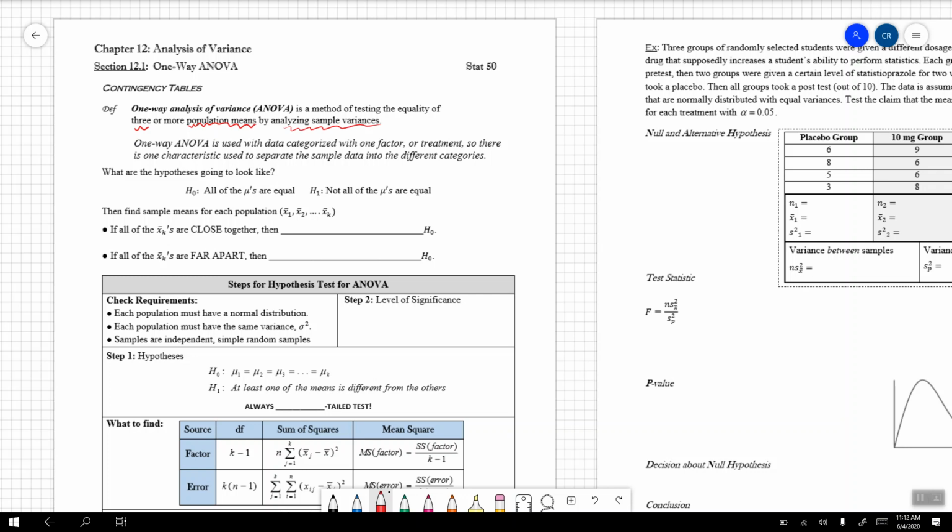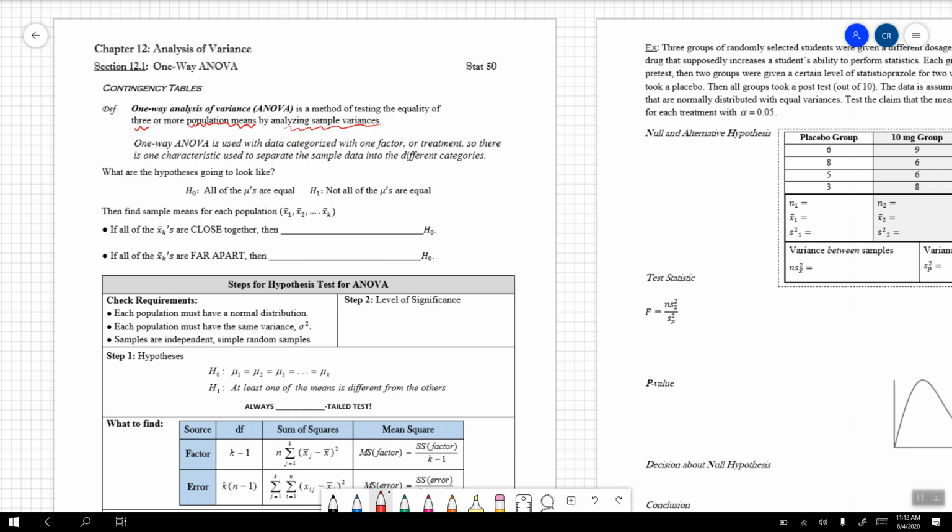Within each sample, we're going to start looking at the variance for that sample. We're doing this analysis to see whether the population means for each individual sample are drastically different from one another.